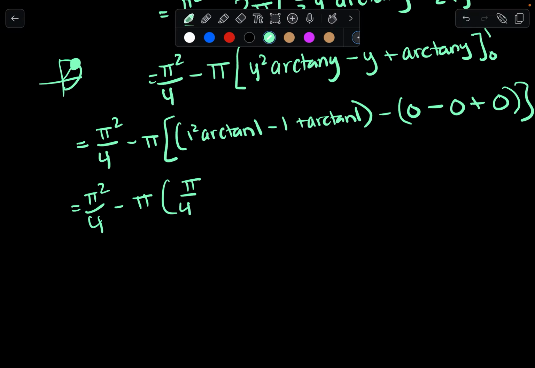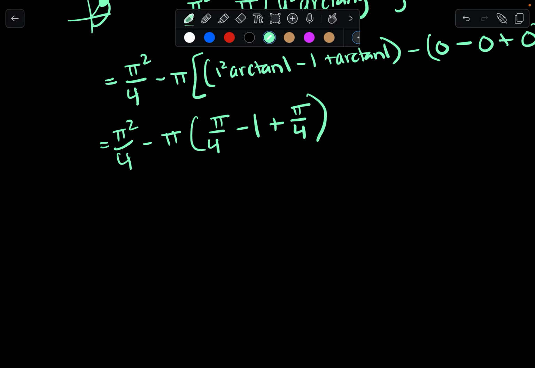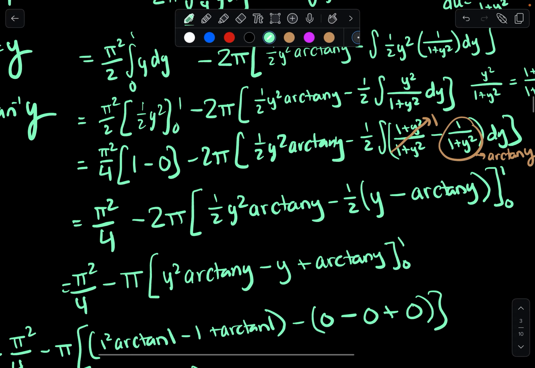And then we have, oh, that is a plus, minus 1 plus arctan of 1, which will be pi over 4 again. You could stop here. So if this was a free response, you could stop there.